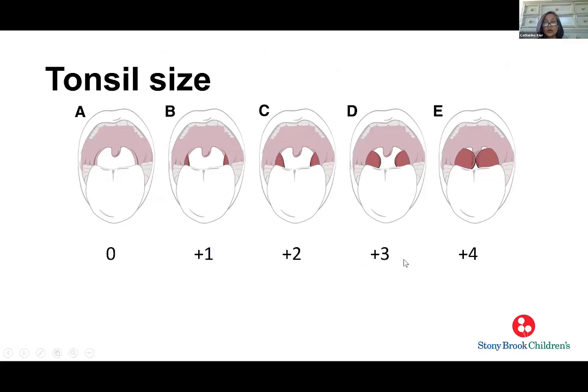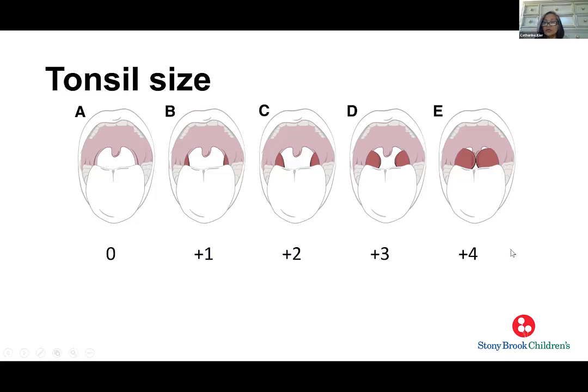So let's start with the most common cause of upper airway obstruction in children, which is adenotonsillar hypertrophy. Although this is very basic, it's worthwhile to review the grading of tonsil size. Tonsil size 0 means there has been surgical removal of the tonsil.